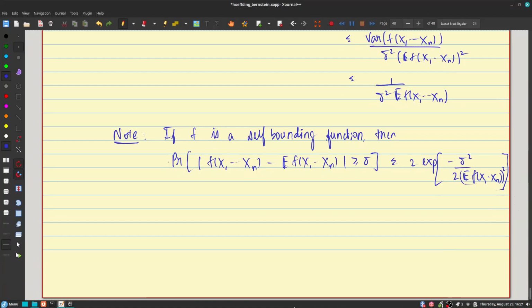But in most problems, the real innovativeness lies in trying to bring it down to this particular form, trying to find out which concentration inequality you need to use and how, and really show, let's say, that the function is self-bounding, or it has bounded differences, and find all of the CIs. The main challenge typically lies there. Once you're able to, let's say, compute the expectation, the rest of the analysis becomes fairly easier.